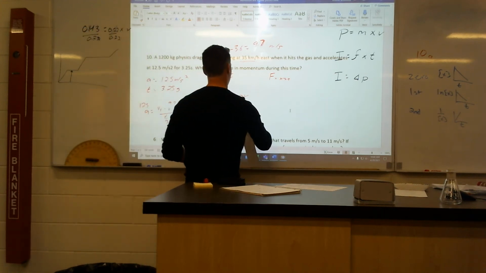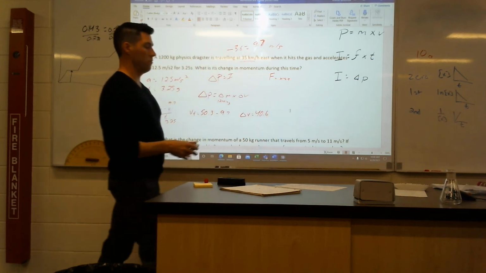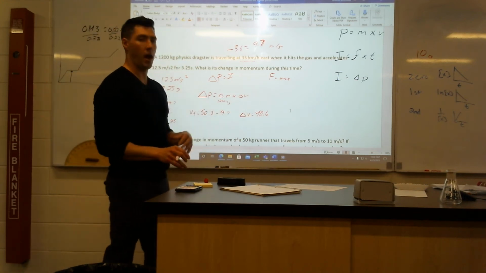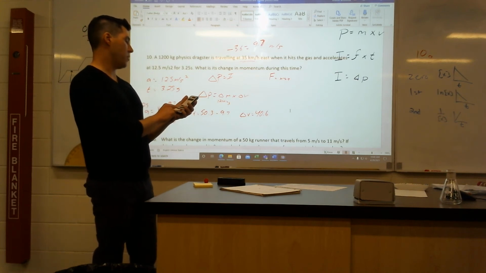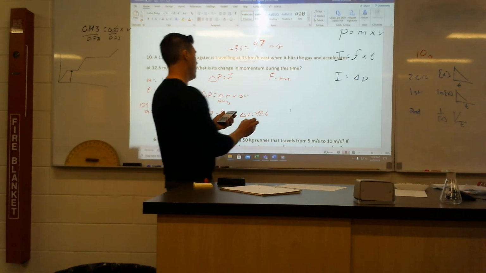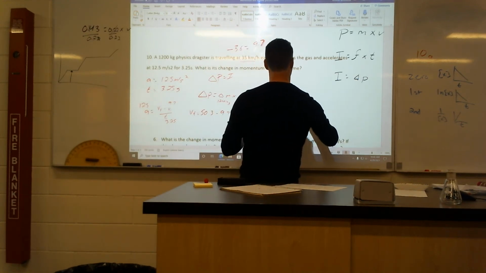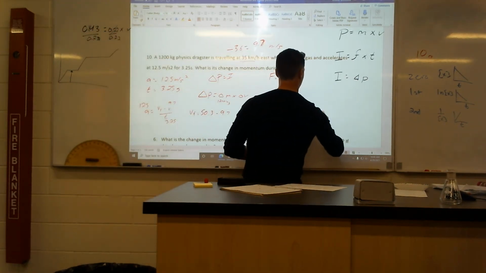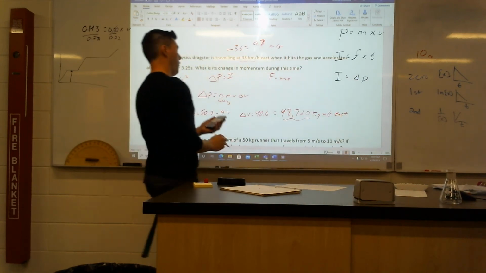And so my change in velocity equals 40.6. Nicely, now I can multiply by my mass, 40.6 times 1200, and I get 48,720 kilograms meters per second, and I think it was still going east. There's my full answer there.